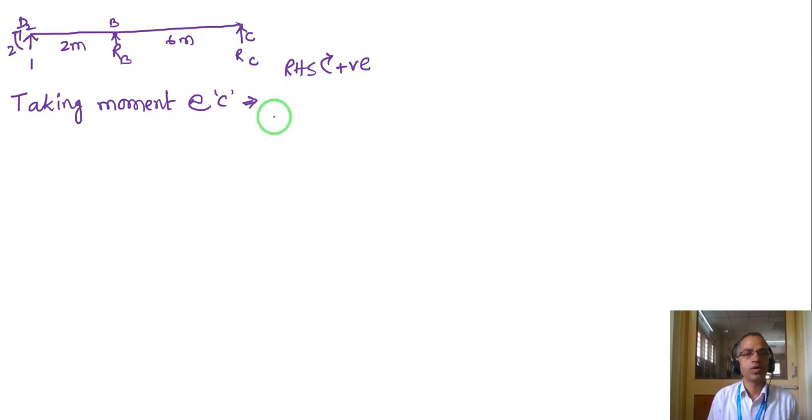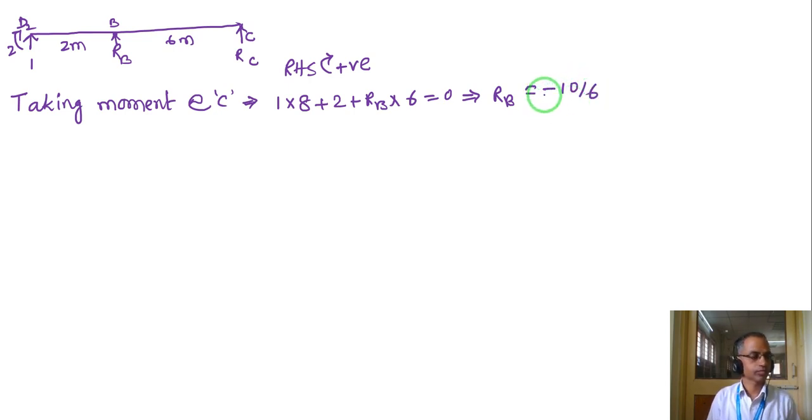So 1 into 8 clockwise, moment also clockwise, plus RB into 6 is equal to 0. That means my RB is equal to minus 10 by 6 units, that is equal to minus 5 by 3. So negative, that means RB is downward.